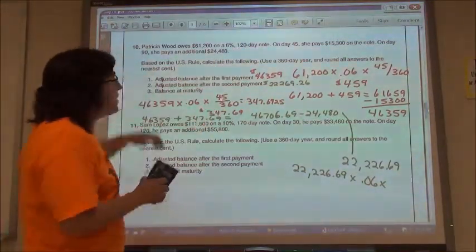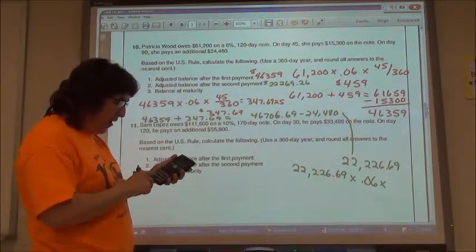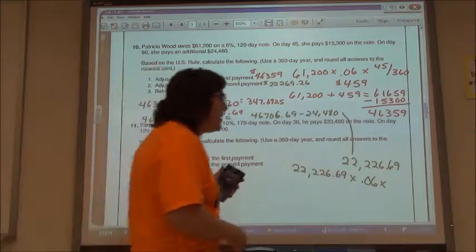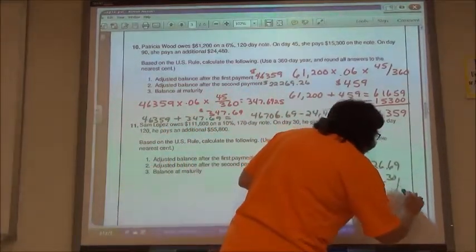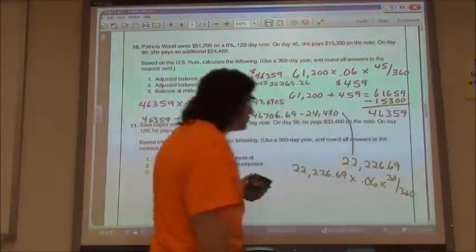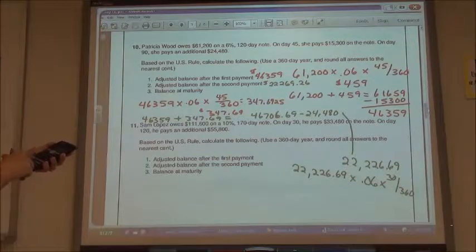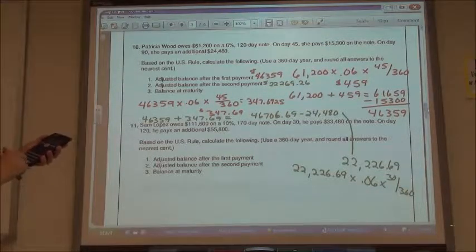I made this payment on day 90, so if I take 120 minus 90, I have 30 days left on my note. So I have 30 out of 360. And I'm going to calculate the interest. So $22,226.69 times 0.06 times 30 divided by 360.